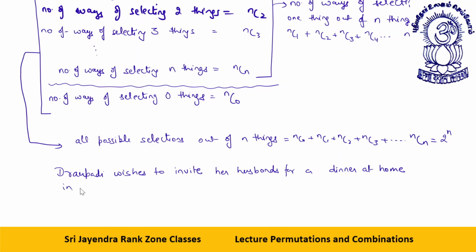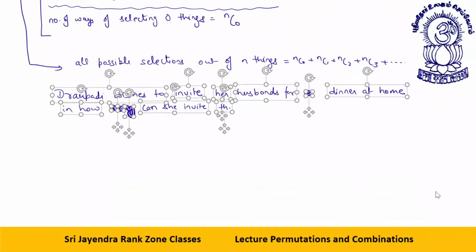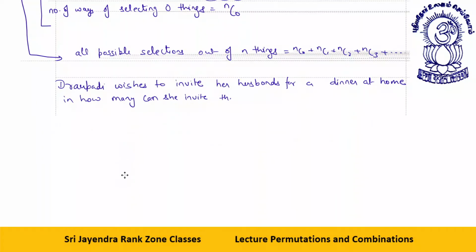In how many ways can she invite? Before this, that might be a typical one. Before Draupadi, let me take an easier one. Just give me a second, students.